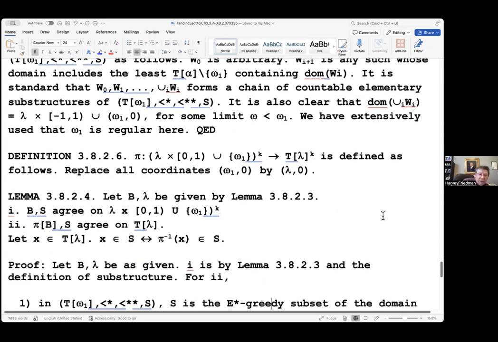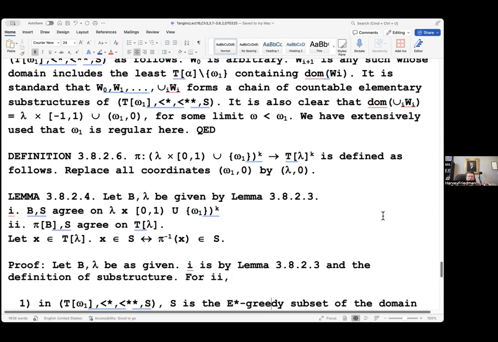Now, there's an important little function, and it's important to have a notation for this, since it simplifies the discussion. Namely, if I have a tuple that mentions omega 1, the only way it can mention omega 1 is as omega 1 comma zero.